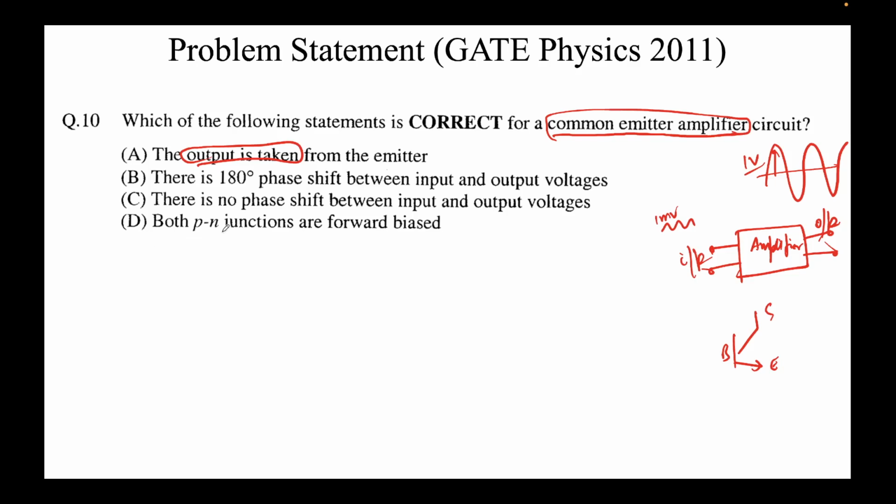And the fourth option is about PN junctions being forward biased. You know that in a common emitter, this is an NPN, so collector is N, base is P, emitter is again N. So it asks which one of these junctions is forward biased, which one is reverse biased.